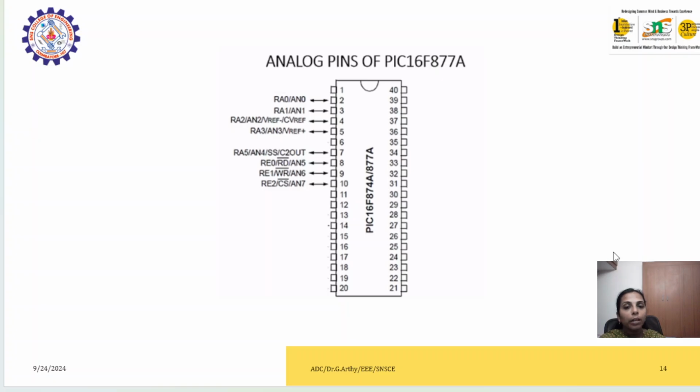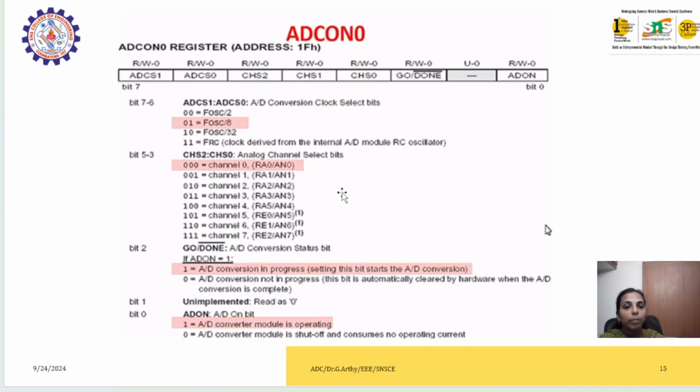When this is discussed in the context of PIC, we have to discuss the registers involved in the analog to digital converter. Here we have the registers involved, and one is the ADCON0 register. It is an 8-bit register. Bits 7 and 6 are used to select the clock signal. Bits 3 to 5 are used to select the channel.